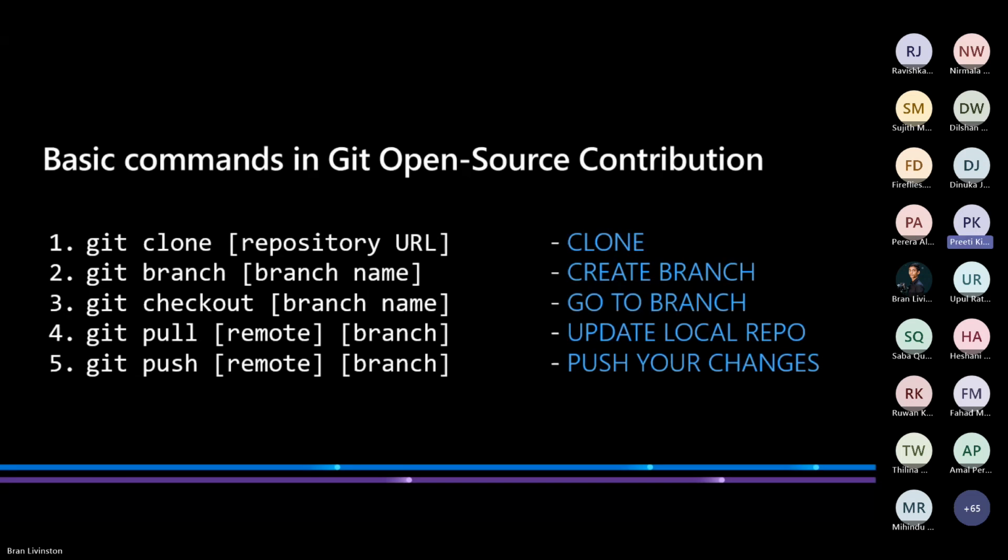The first command is git clone, followed by the repository URL. As I told you, the fork option is directly there on the GitHub account itself, but the clone is done using Git Bash or a terminal. We have to just type git clone and the URL.